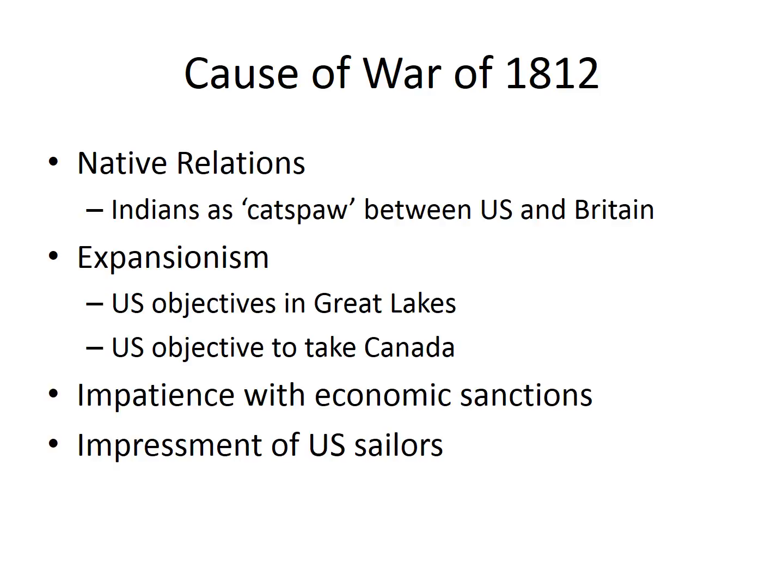In the first part, we have what we were just talking about, native relations, the relationship between the United States and the native populations, and the British and the native populations. From the time of the Peace of Paris onwards, the native populations, particularly in the Northwest, were squeezed between the British and the Americans. The Americans, through force of arms, pushed the natives out.